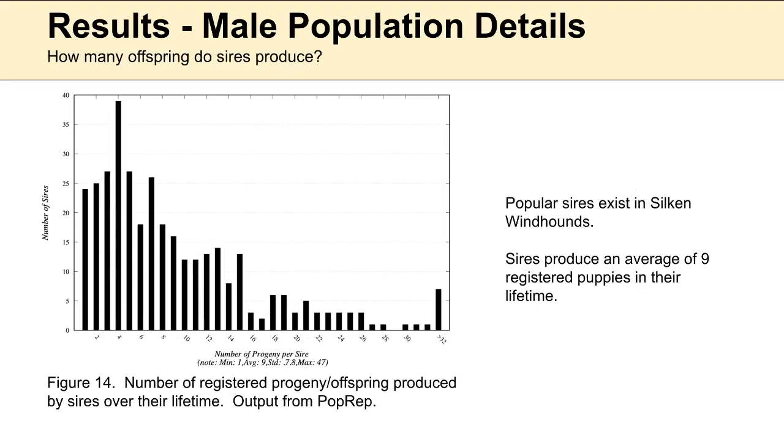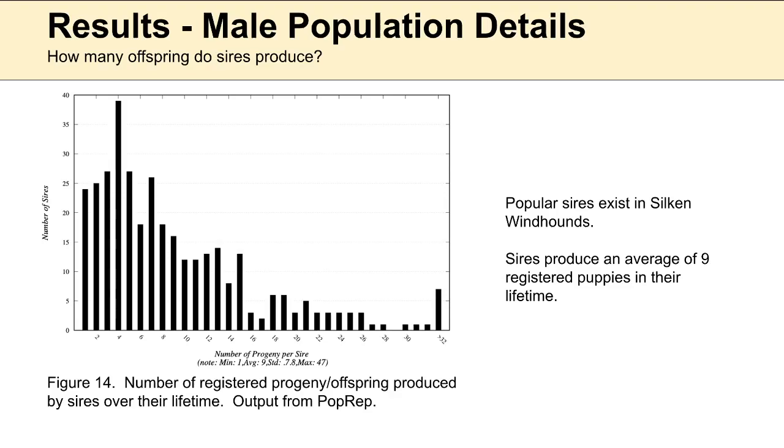But aside from the popular sires, how many offspring do sires produce? This chart from PopRep is looking at the number of registered progeny produced by sires over their entire lifetime. And again, it's reinforcing the fact that popular sires exist in Silken Windhounds.